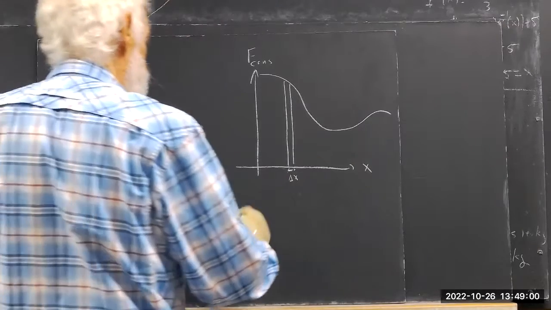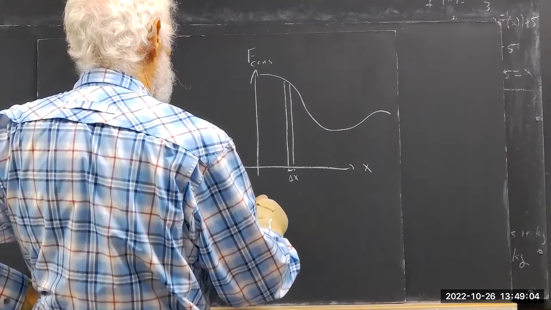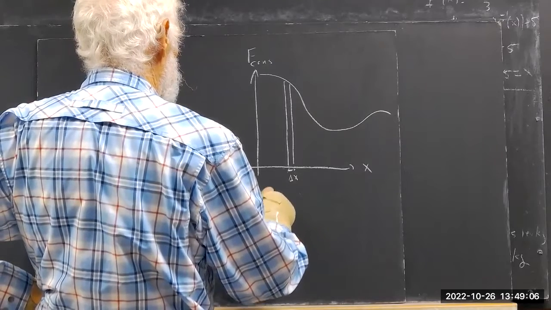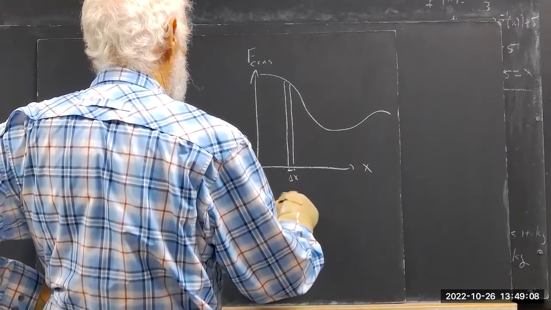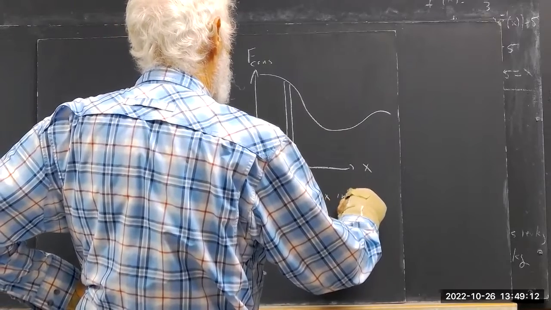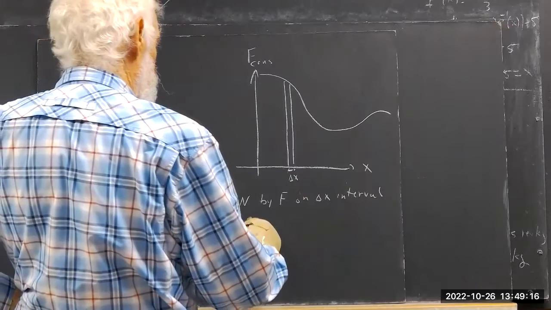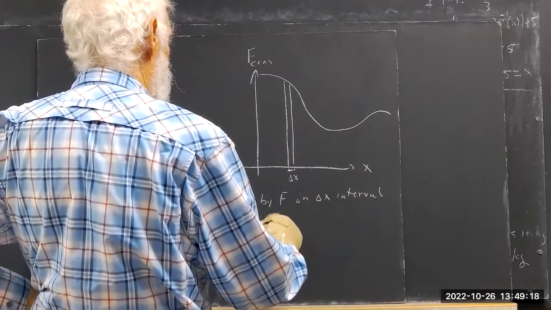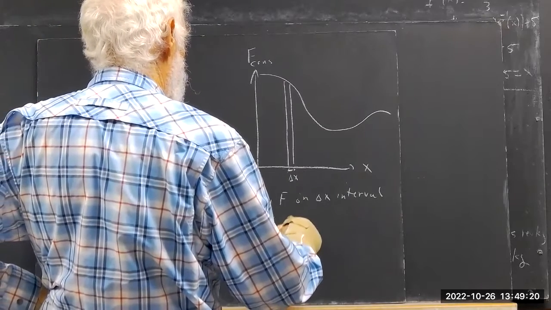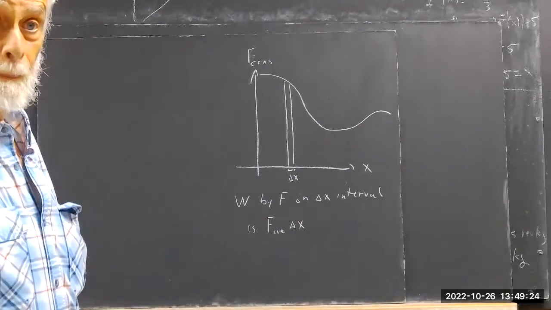The work done by F on the delta X interval is average force times delta X, right?